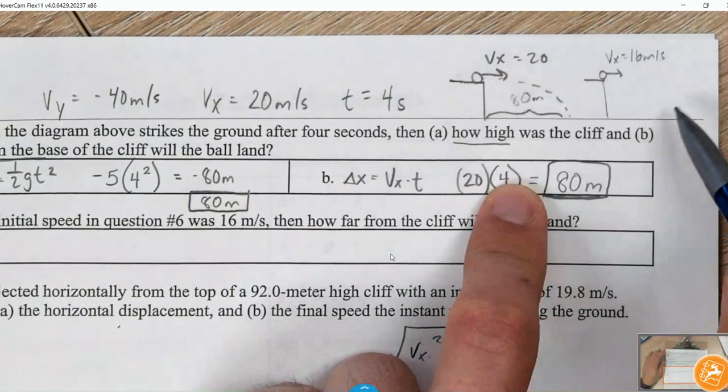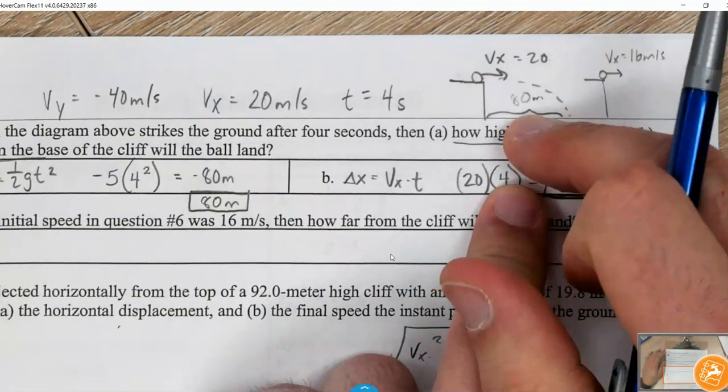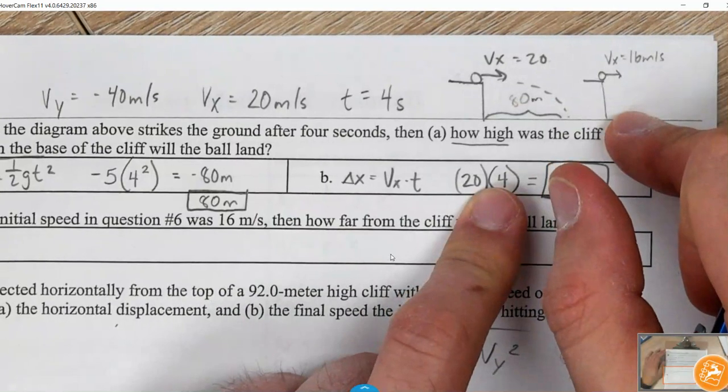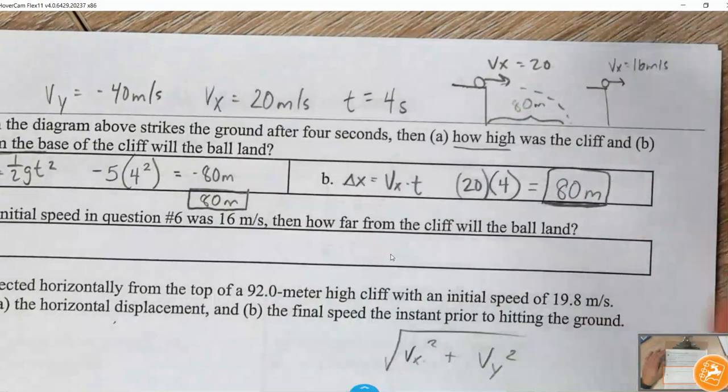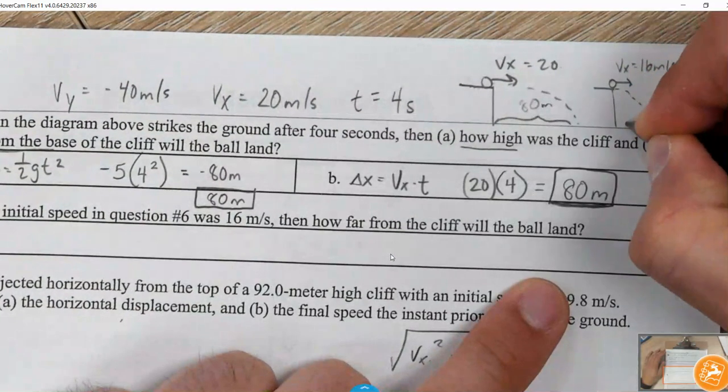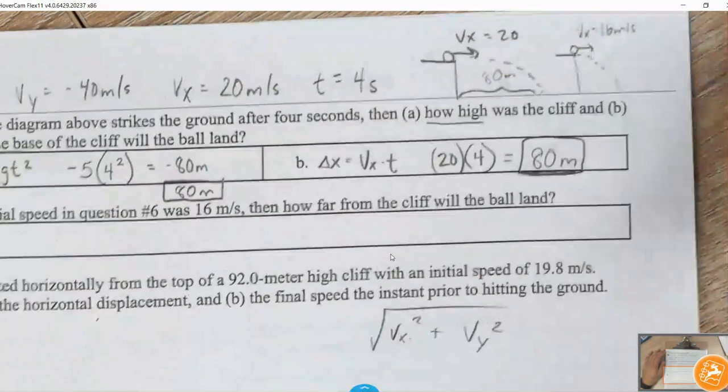So do you think it's going to go 80 meters, more than 80 meters, or less? Less, right? Hopefully, guys, that makes sense. If I push the ball off the top of my desk, and it lands 80 meters away, and now I push it again off the same desk, so it's the same height off the ground, gravity is still going to have it in the air for the same amount of time. But if I don't roll it as fast, it definitely shouldn't go as far. So it should be less than 80 meters.